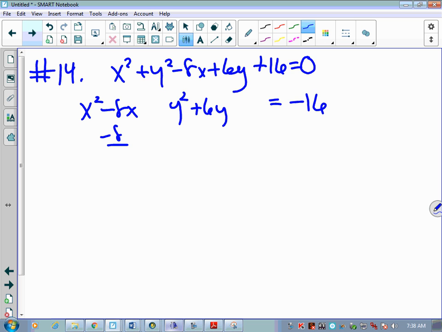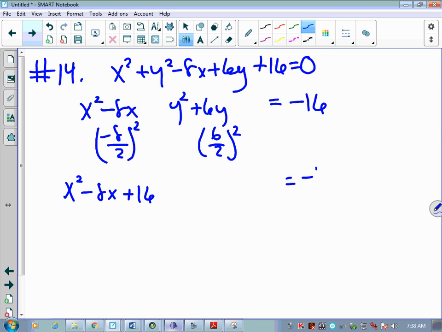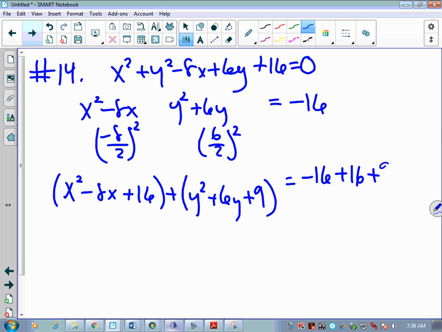Okay, we're going to take our negative 8 divided by 2 and square it. We want to take our 6 divided by 2 and square it. So we can rewrite this as x squared minus 8x. Negative 8 divided by 2 is negative 4. Negative 4 squared is positive 16. Okay, we're going to add, so we've got negative 15 plus 16. And over here, we're going to have y squared plus 6y. 6 divided by 2 is 3. 3 times 3 is 9, so plus 9 plus 9.